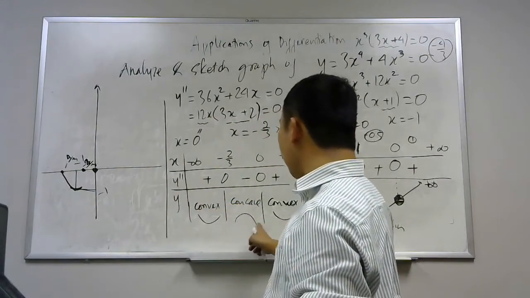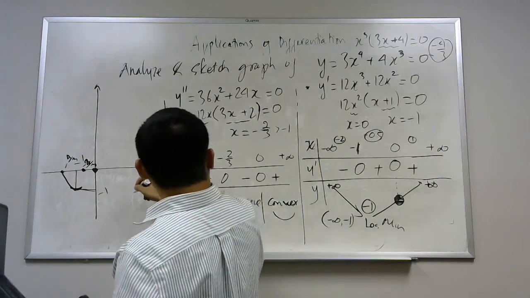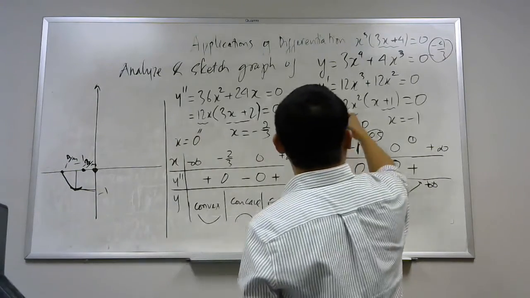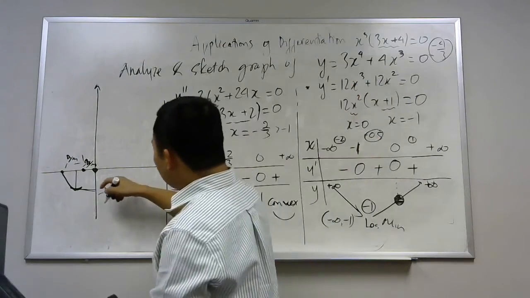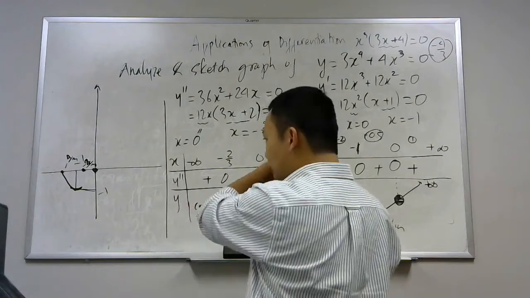It goes from convex to concave. We plug negative 2 thirds into the function to find that point.